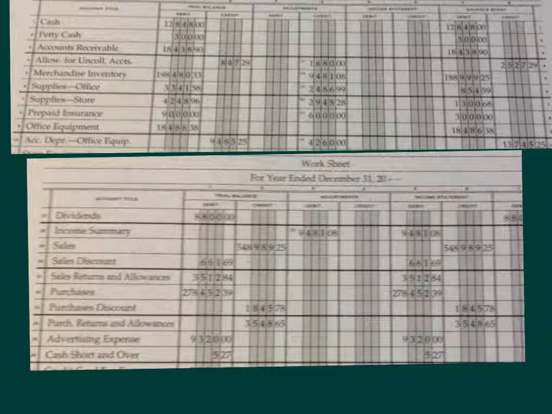In going through the simplified calculation to determine your cost of goods sold section, we're going to pull our beginning merchandise inventory. Again, remember this is going to be on the trial balance section. Looking at merchandise inventory, this is the value of our beginning balance, $198,480.33.